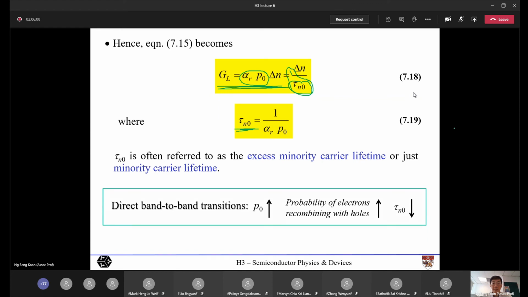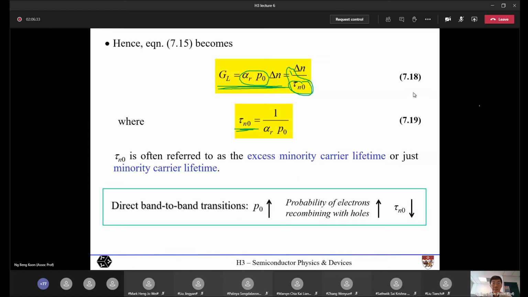Because these extra carriers in the semiconductor are extra, they will tend to want to recombine. So the time that these extra carriers can exist before they start to recombine is the excess minority carrier lifetime. It's the average time that the minority carrier can exist in the semiconductor before it recombines.